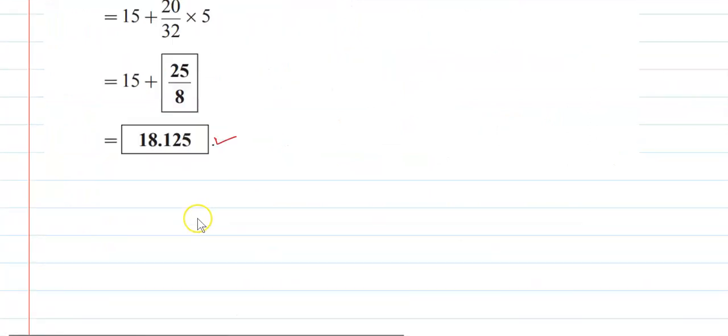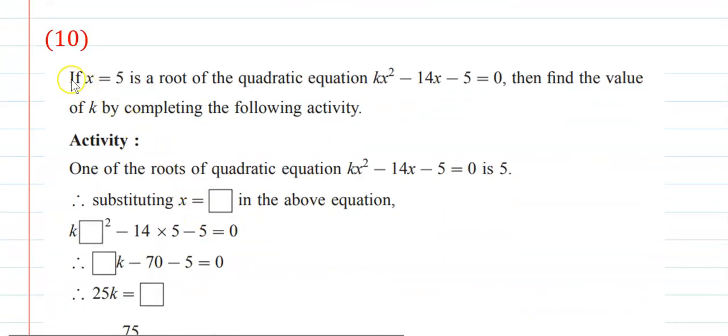Now the next. If x equal to 5 is a root of quadratic equation kx square minus 14x minus 5 equals 0, then find the value of k by completing the following activity. One root of quadratic equation kx square minus 14x minus 5 equals 0 is 5.